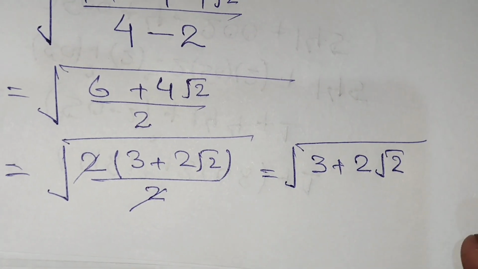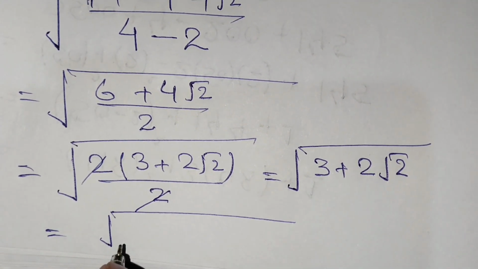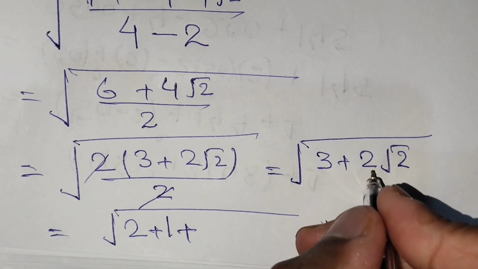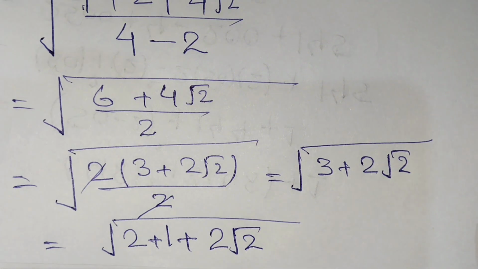Now we will solve this further. We can write 3 as 2 plus 1, plus 2 into square root of 2.